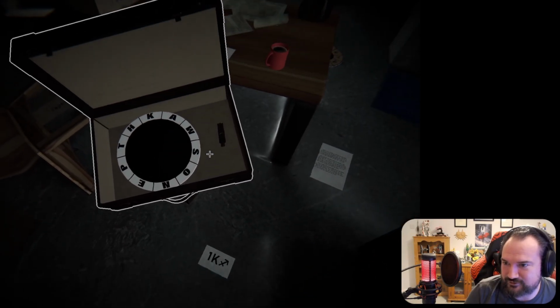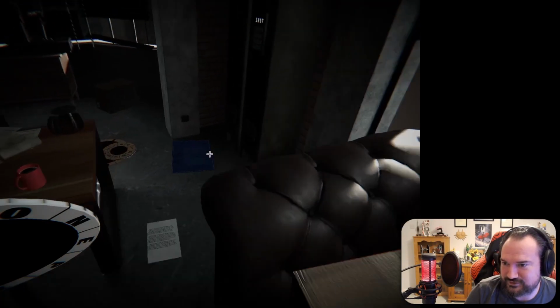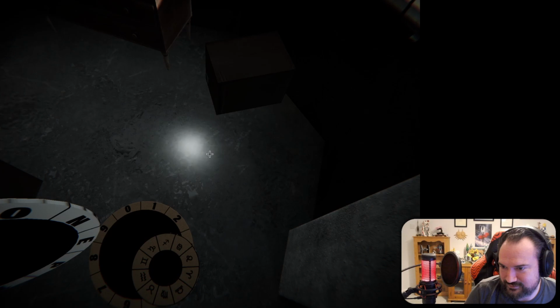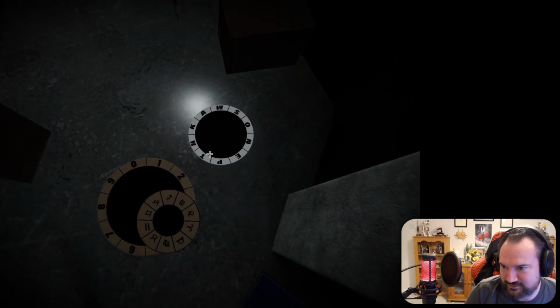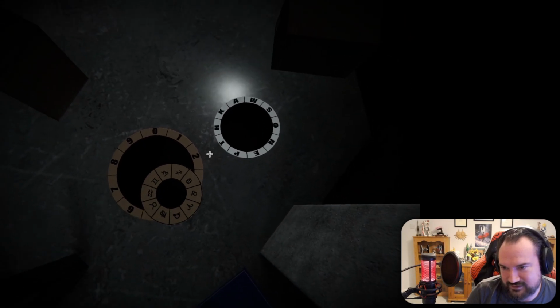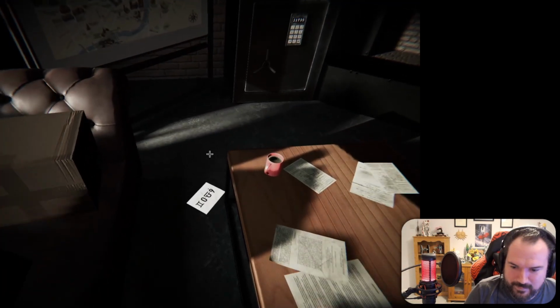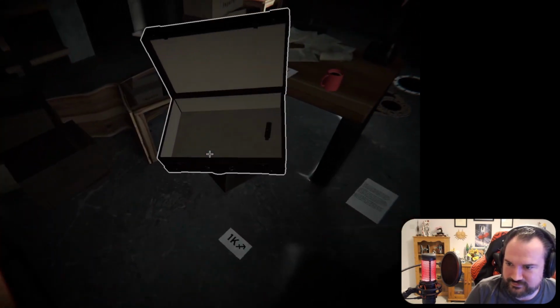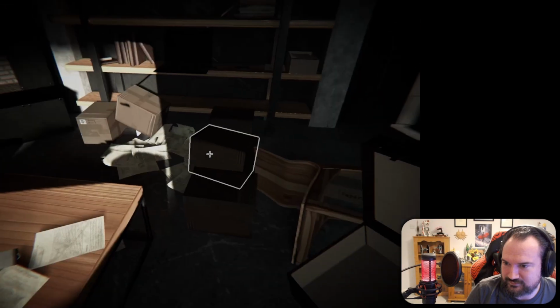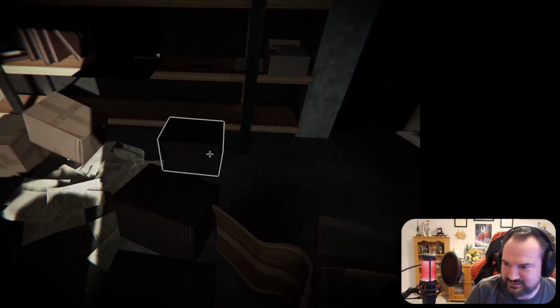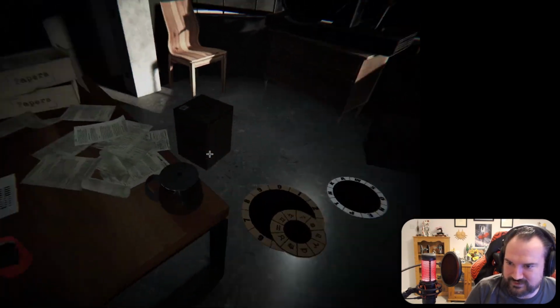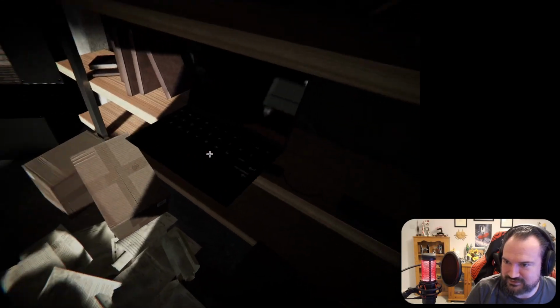Right. We have got this wheel, right, which we can put here. So that's good. Right, okay. Well, we've got the USB stick, so let's pop the USB stick into the computer.